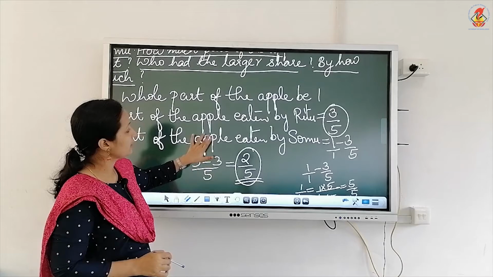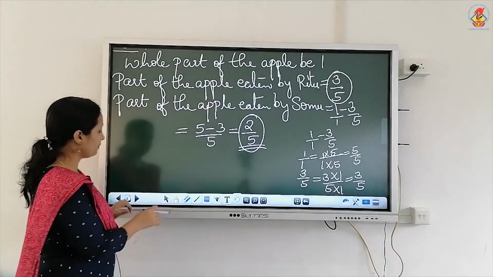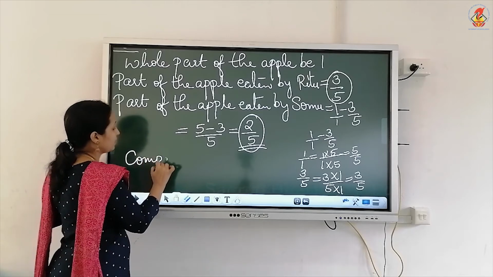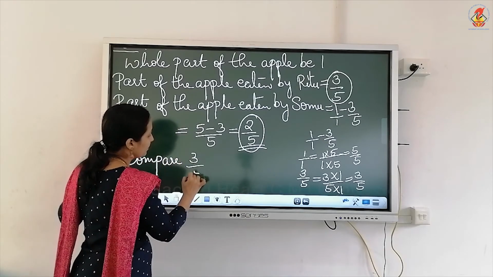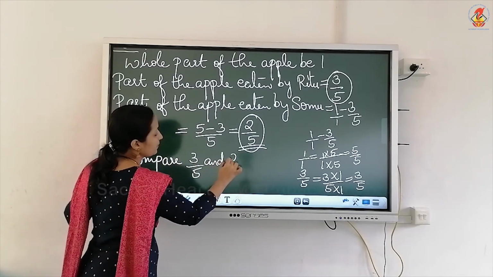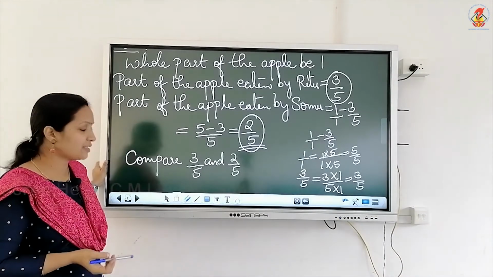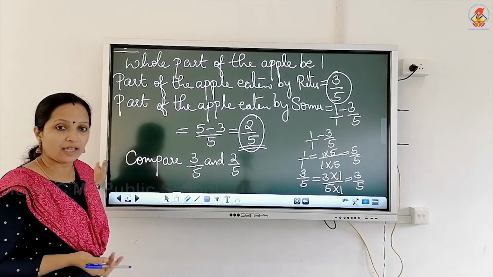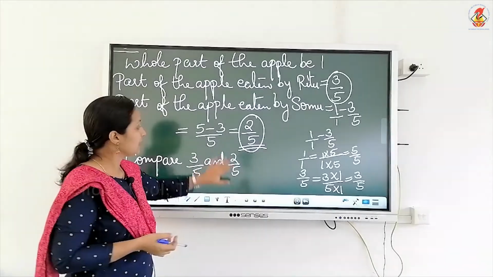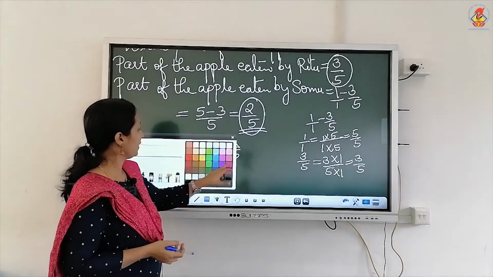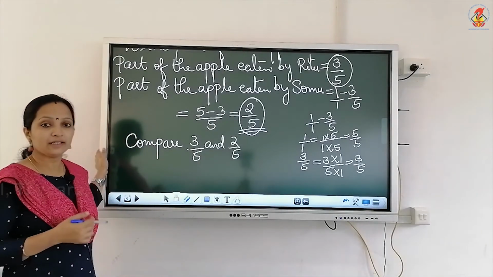So we have to compare 3 by 5 and 2 by 5. We can see that they are like fractions. Like fractions means denominators are same. If the denominators are same, greater numerator will be the greatest fraction.